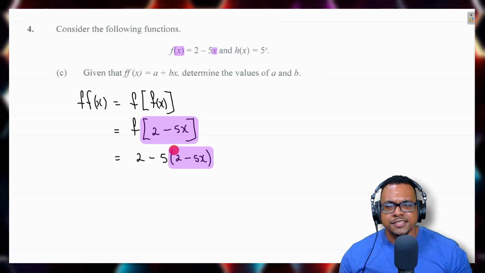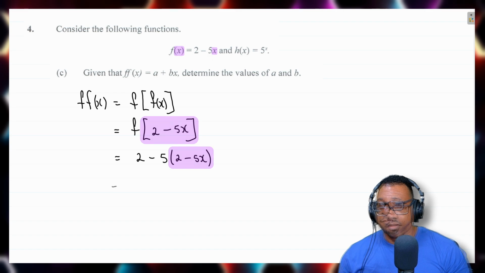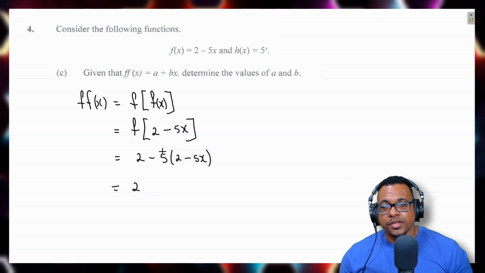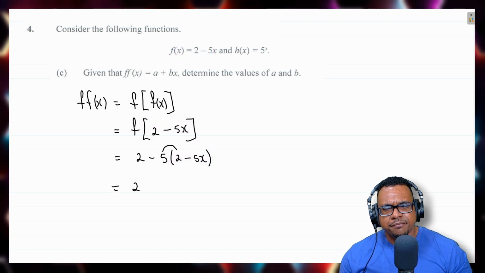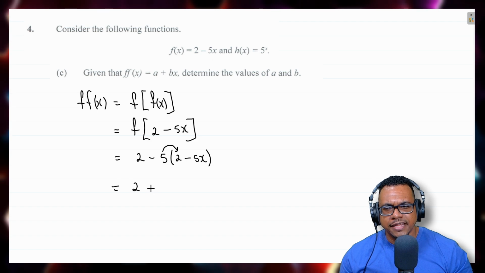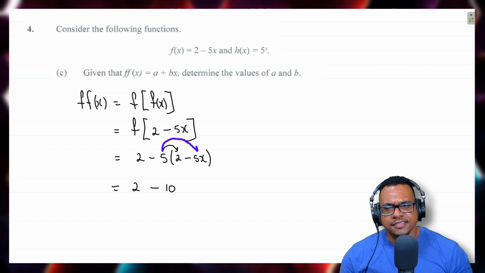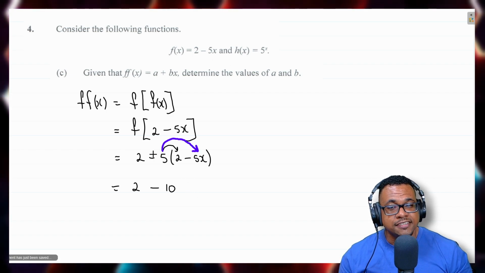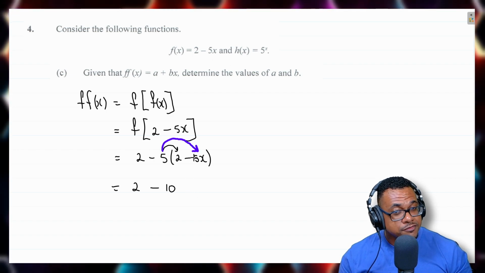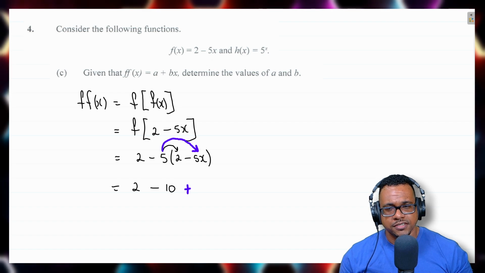So now we'll just expand and simplify. We'll have 2. We're going to multiply negative 5 by positive 2, and we get negative 10. And then we're going to multiply negative 5 by negative 5x, and a negative by a negative is positive, so that's positive 25x.